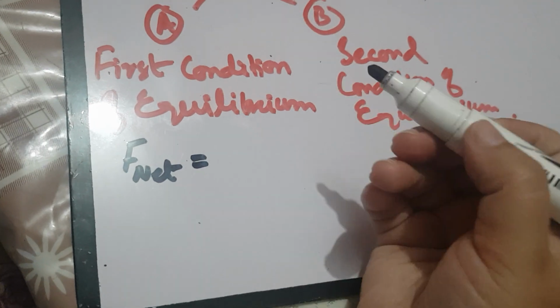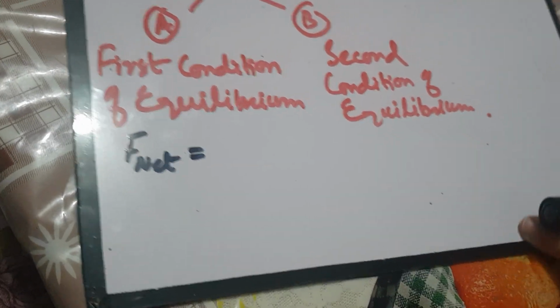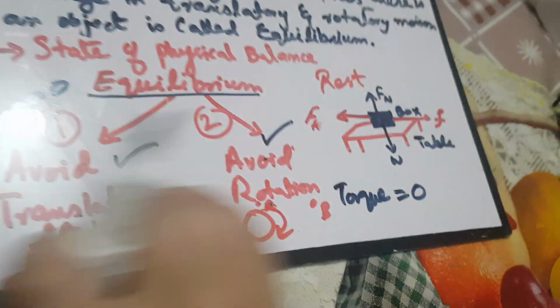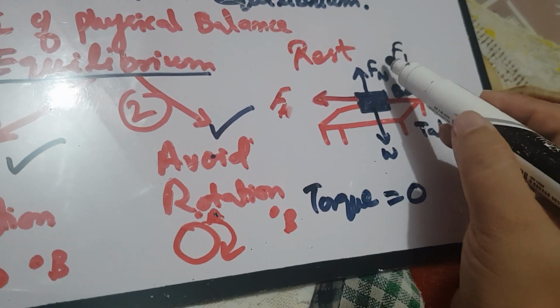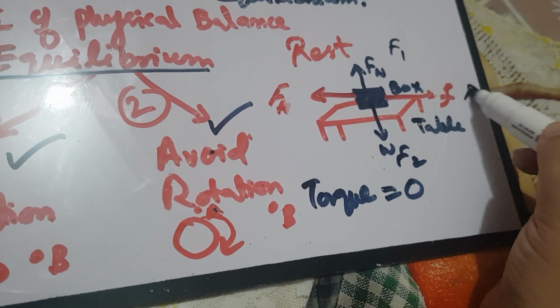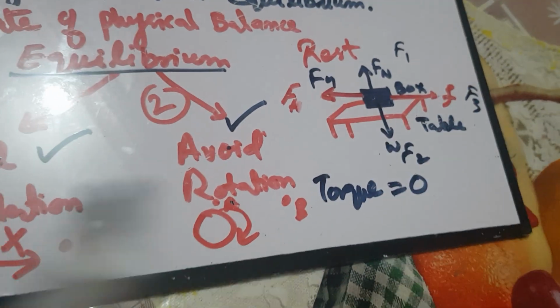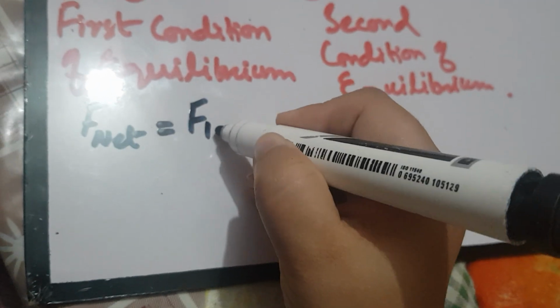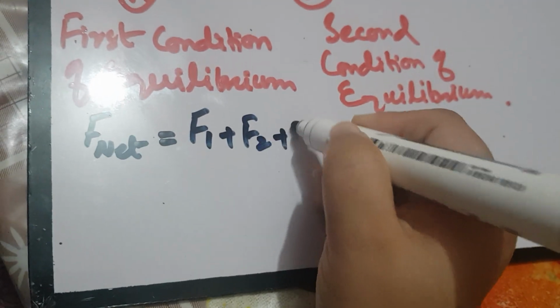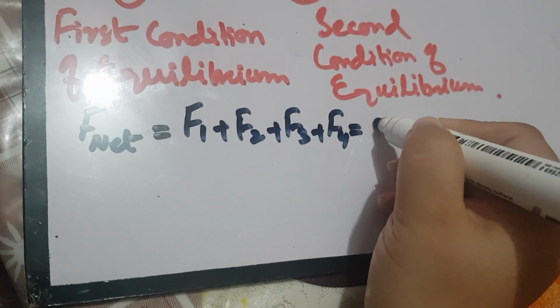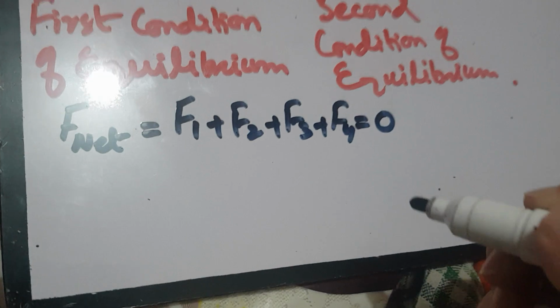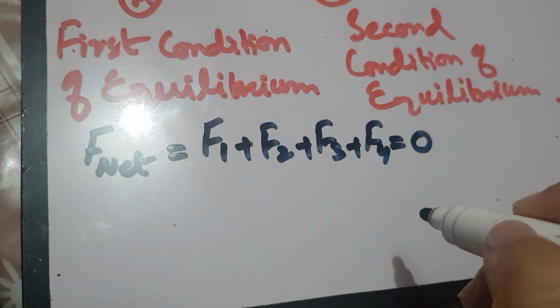If several forces are acting on an object, for example force F1, force F2, force F3, force F4, and we add all the forces, F1 plus F2 plus F3 plus F4, then if the body is in a state of rest, the net force will be equal to 0.